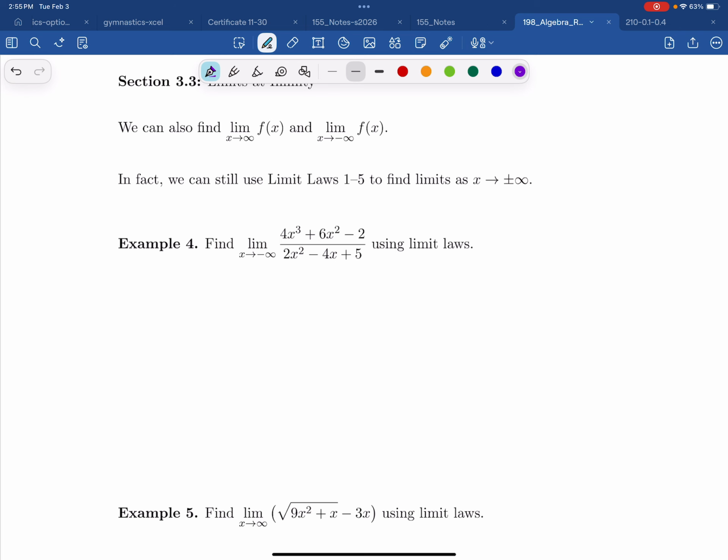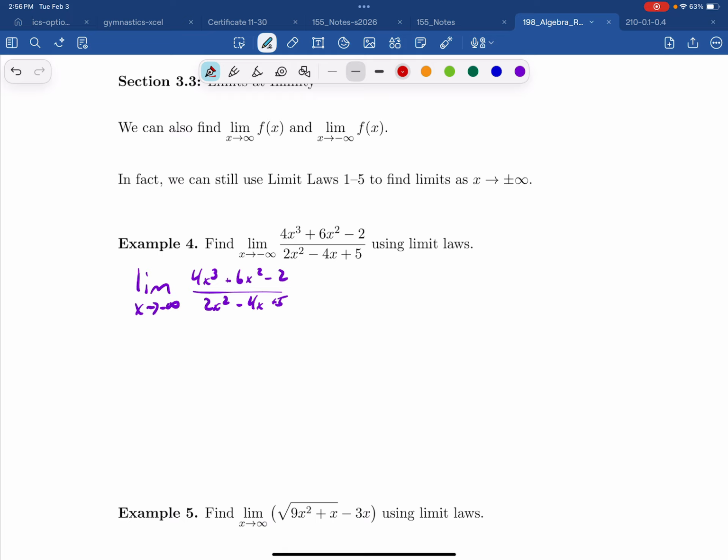Find the limit as x approaches -infinity of this bad boy. Well, be a little bit careful because it looks like the top is approaching negative infinity, actually. All right, 4x cubed plus 6x squared minus 2 all over this guy. The top appears to be approaching -infinity, right?